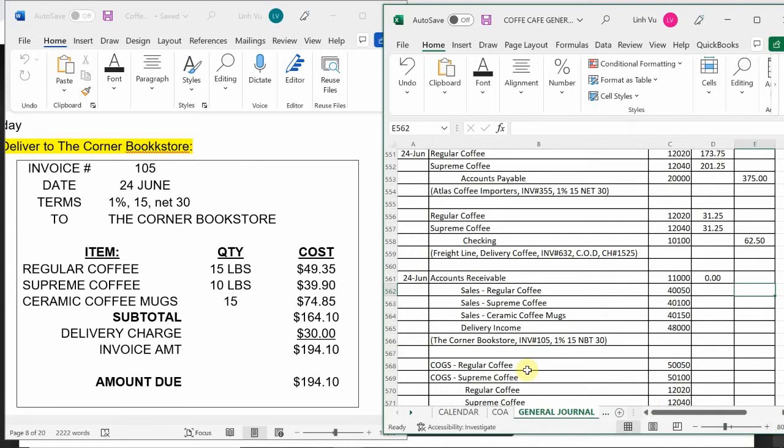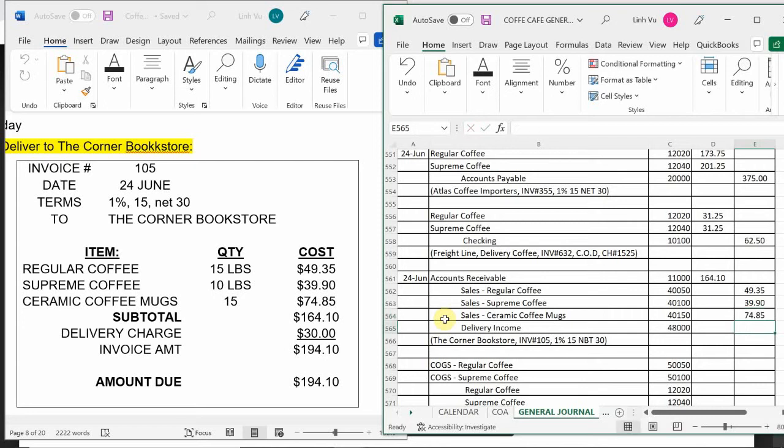And what else? How much should we sell for the regular coffee? 49.35. Supreme coffee is 39.90. Ceramic coffee mugs are 74.85.